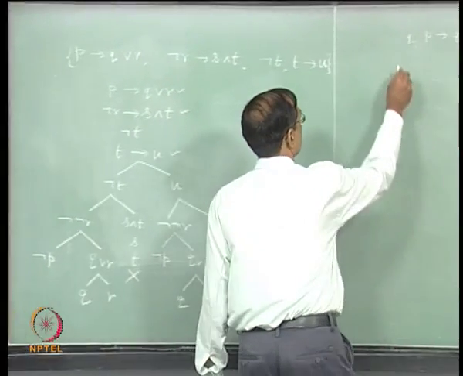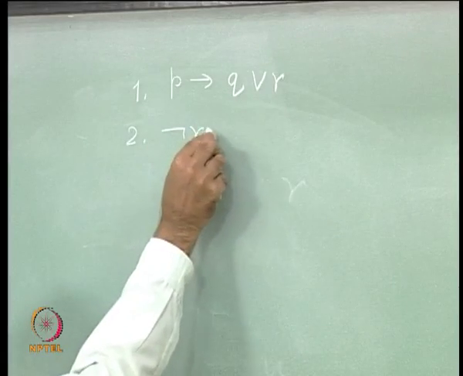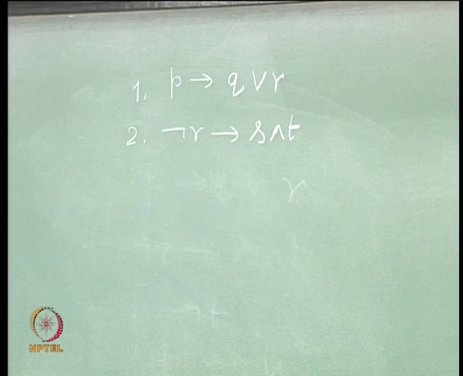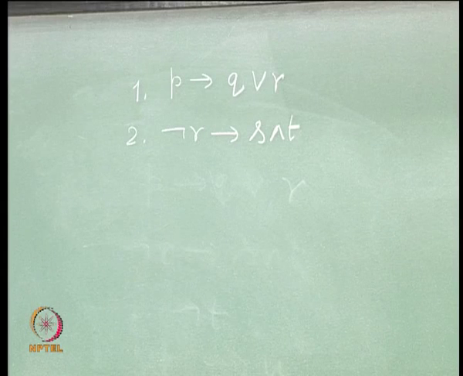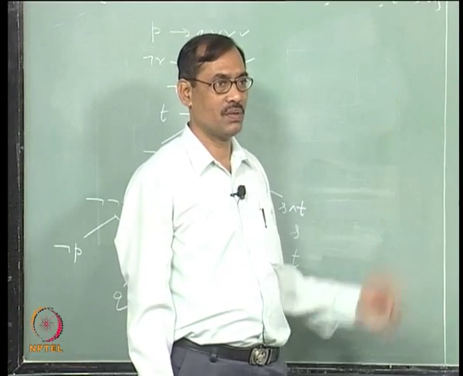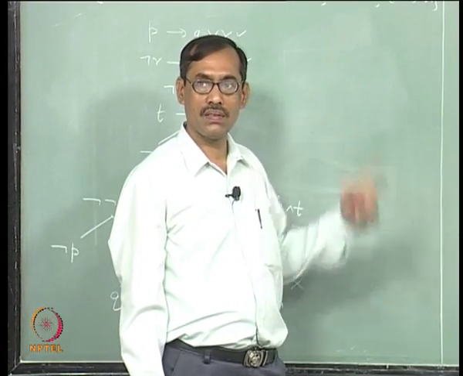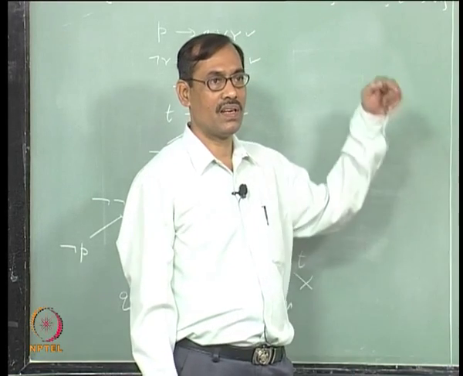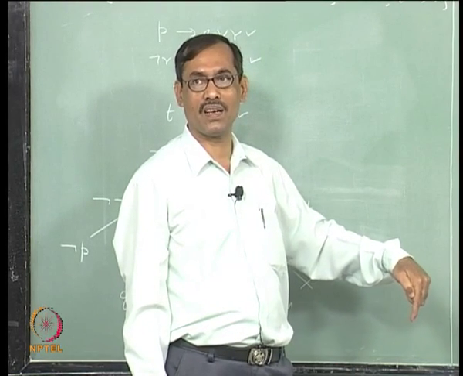So I introduce in stage 2 not R implies S and T, but stage 2 is not over, I have just introduced because there is one. Then what I have to do, for each open path I have to do something. So this is the only path that is open. Now I should go back to root, from root I have to scan which one is the compound proposition on which a rule has not been applied.